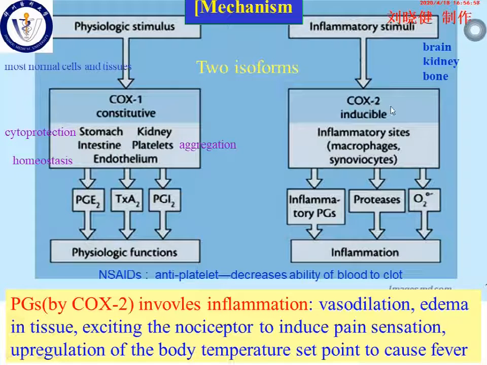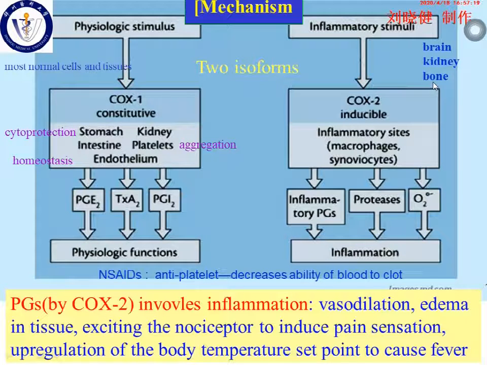COX-2 is sometimes also called inducible COX. Usually COX-2 is just constitutively expressed in tissues such as brain, kidney, and bone.